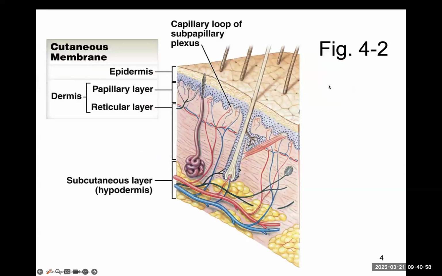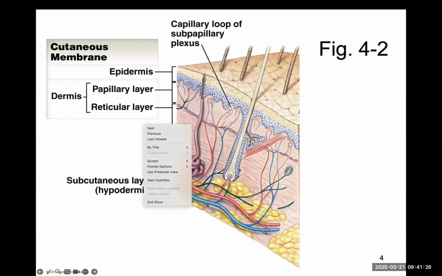So here's a close-up of the epidermis. You'd think it would be really simple because it's so thin, but there are many layers. So we're going to have a whole bunch of slides talking about that. And the dermis layer, which is the actual skin, is comprised of two subcategories, called the papillary layer and the reticular layer.